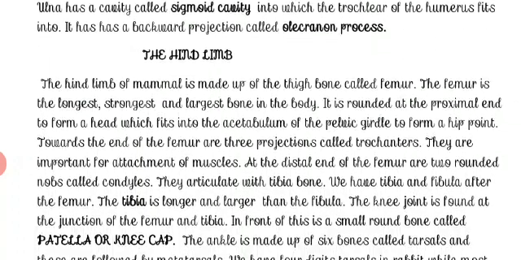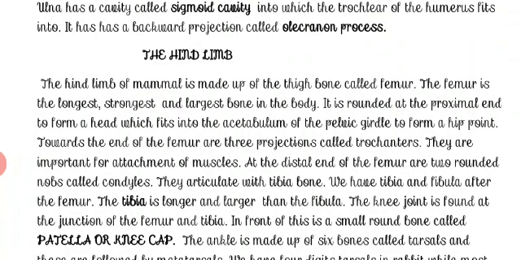Having talked about the forelimb, let us discuss the hind limb. The hind limb of a mammal is made up of the thigh bone called the femur. The femur, as earlier mentioned, is the longest, strongest, and largest bone in the body.